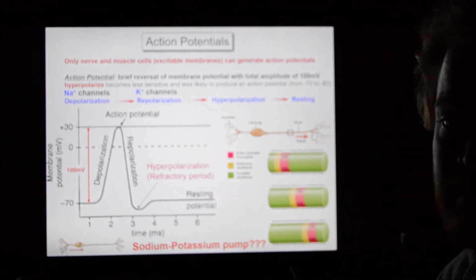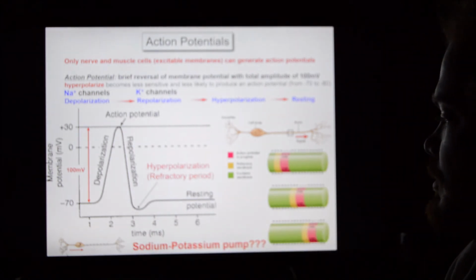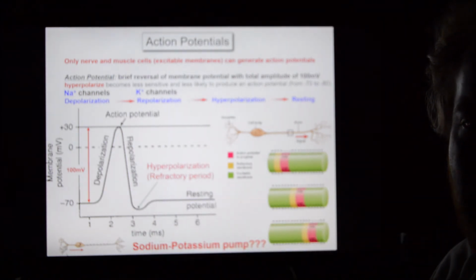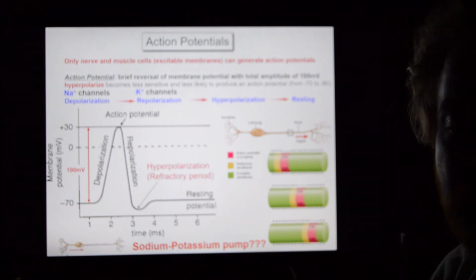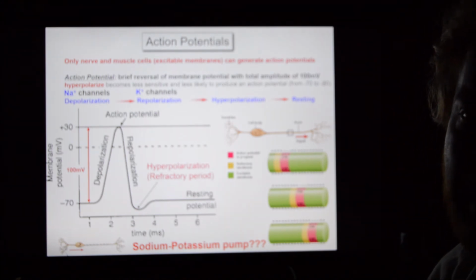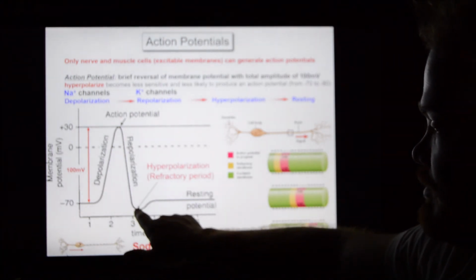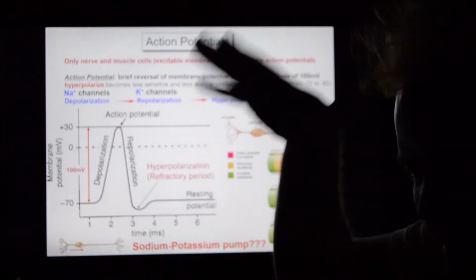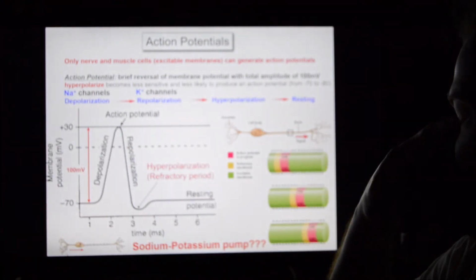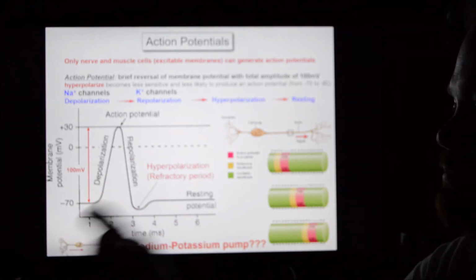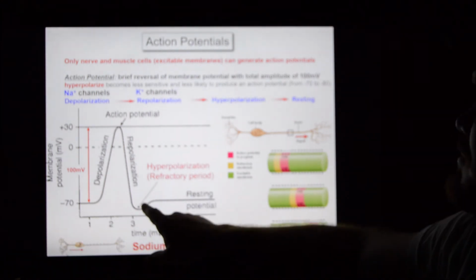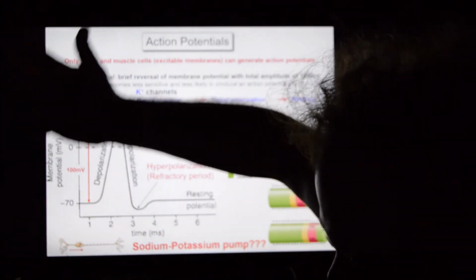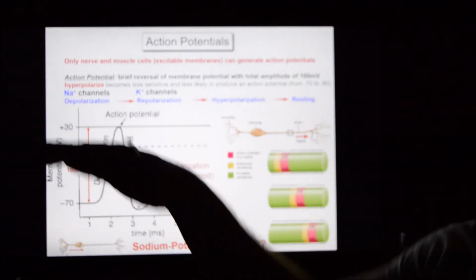Now, this refractory period is very important. What this means is that your body is capable of telling the difference between two very quick succession action potentials by using a refractory period. You can't just stimulate an axon and leave it stimulated. The stimuli have to go bam, bam, bam, bam, bam in waves, because the refractory period basically tells the body, okay, that's the end of one, prepare for the next one.